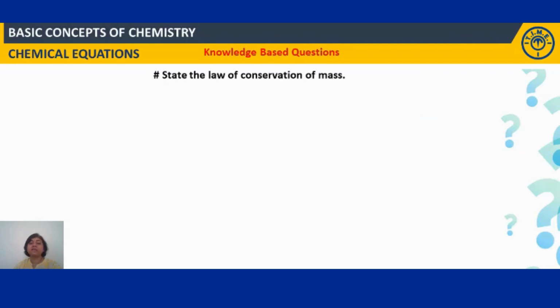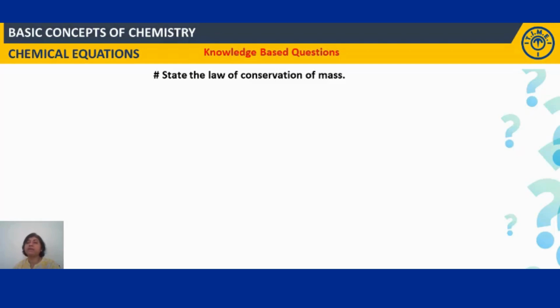Next question is state the law of conservation of mass. See, law of conservation of mass, in general, we present it in this way, that the mass of a substance can neither be created nor be destroyed. So mass, we cannot destroy it or we cannot create it. Only we can convert it from one form to another through a chemical reaction.